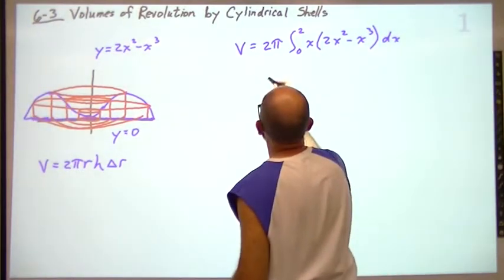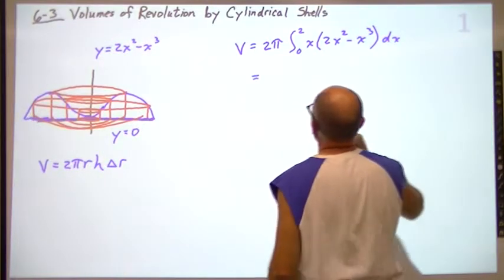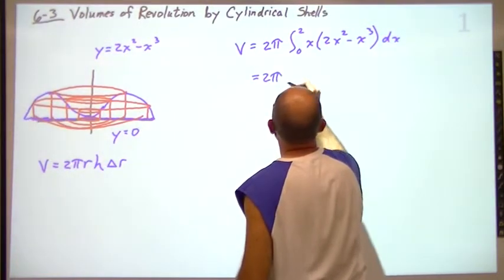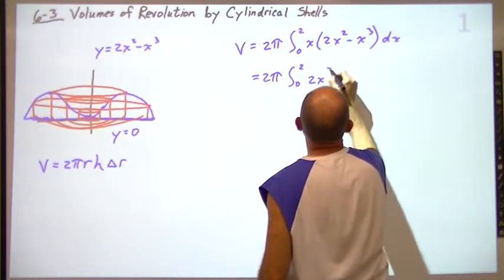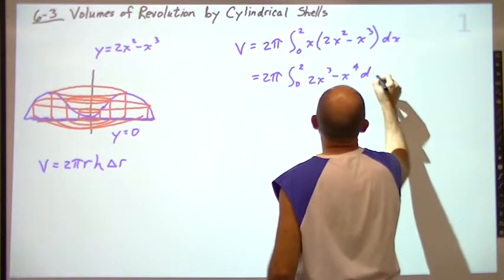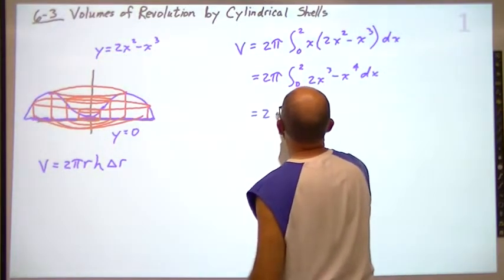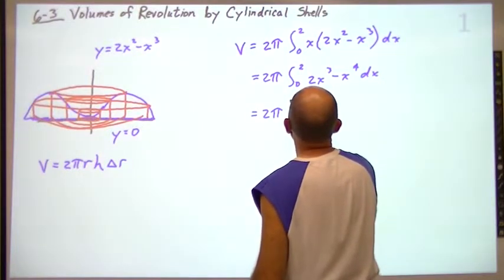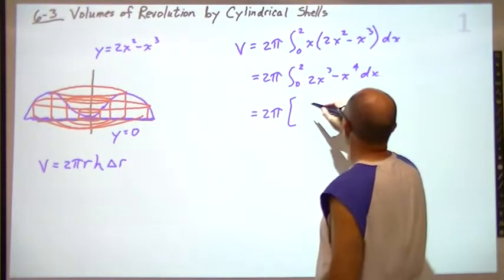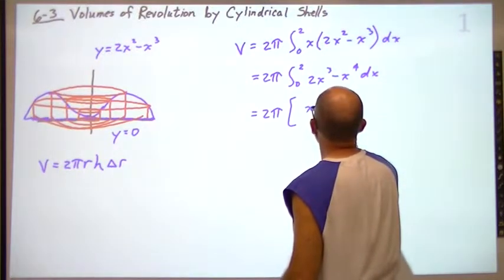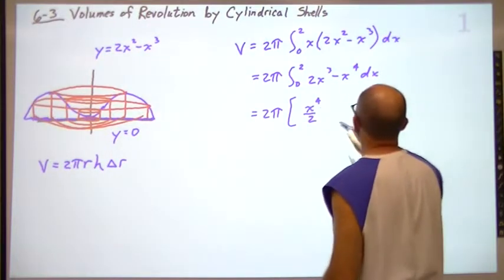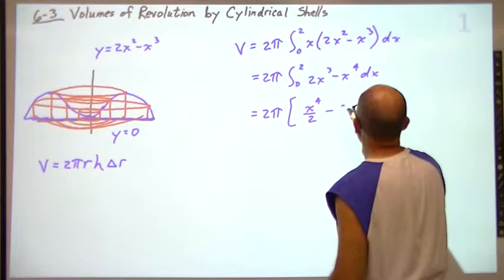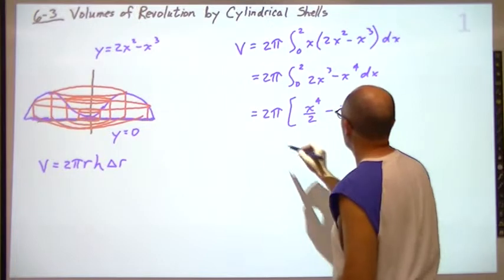So this is going to equal 2 pi times the integral from 0 to 2 of 2x cubed minus x to the 4th dx, and that's going to equal 2 pi times 2x to the 4th over 4, so that's going to be x to the 4th over 2 minus x to the 5th over 5 from 0 to 2.